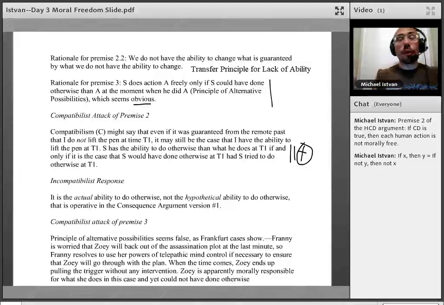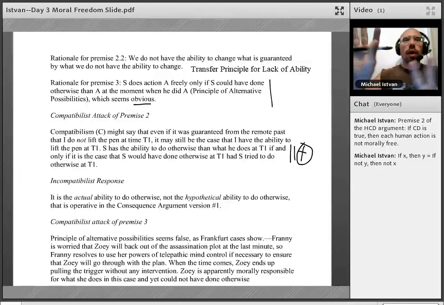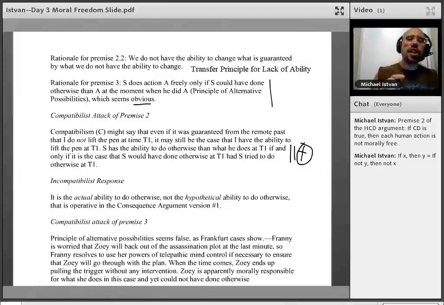The question is, of course, is what we just imagined true? And in the compatibilist's favor, it seems like it definitely is, if you think about it. Let me put it this way. Even if it has been determined that I do not lift the pen, it is still nevertheless the case that I would have lifted it had I tried.